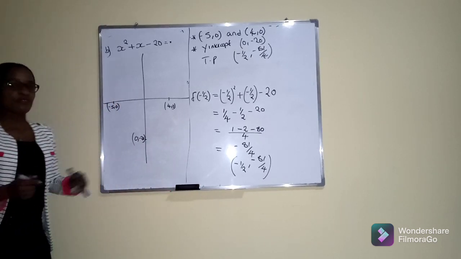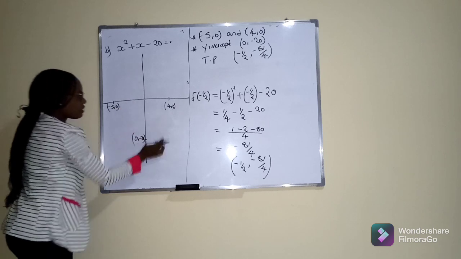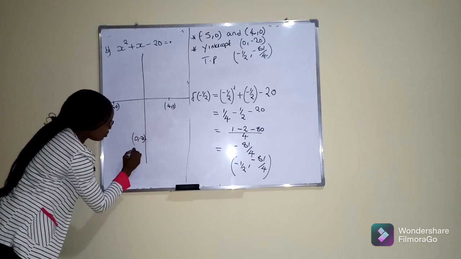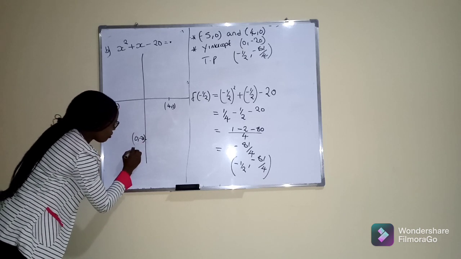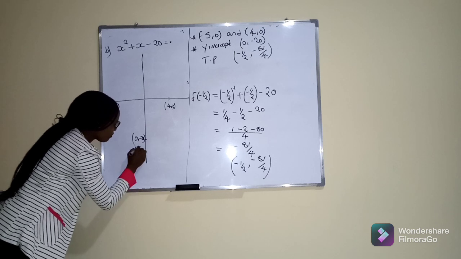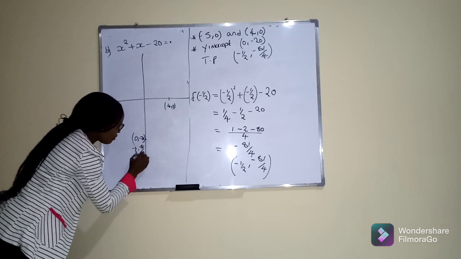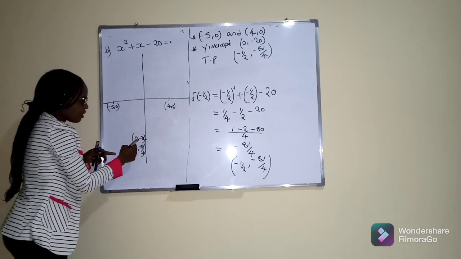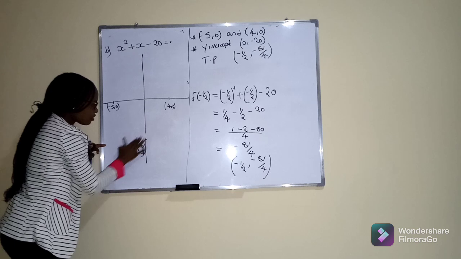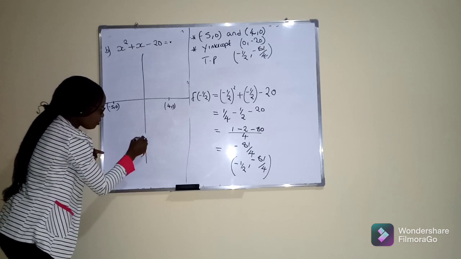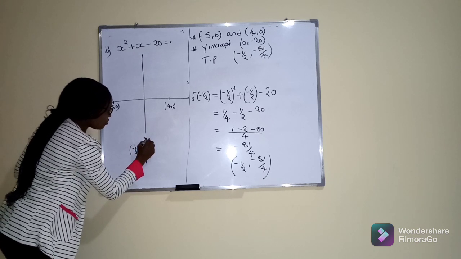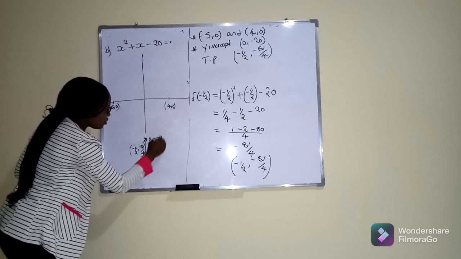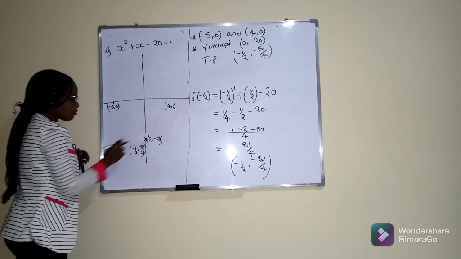So our graph is now going to be here. These are positive values. The negative is going to be somewhere here where we have negative 1 over 2, comma negative 81 over 4. So it's cutting somewhere here. But these points, in order for us not to be confused, for the y-intercept, let me write it this side, which is 0, comma negative 20. Okay, we are good to go.